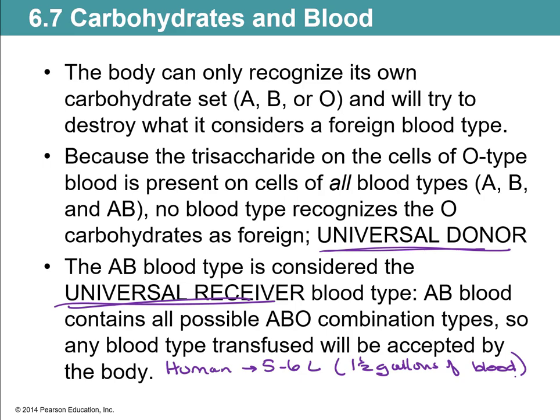So if you transfuse a person with more than 10 to 20% of their blood volume and it's the wrong type, then this can cause blood cell destruction, which can then lead to liver failure and kidney failure because the destroyed blood cells end up clogging your filtering organs. Your liver and kidneys filter out stuff, so they can end up being damaged because of it. So that's why it's really important.